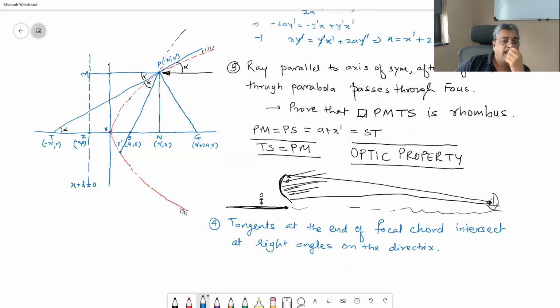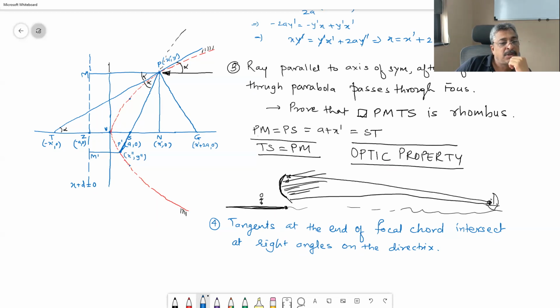Okay. Then it is a bad diagram, because SP dash should be equal to P dash M dash, but now you have to bear with me because I cannot change the diagram. They are the same. SP dash is equal to P dash M dash, and whatever the P dash x coordinate is, x double dash comma y double dash, this is yet another rhombus that you are going to get.